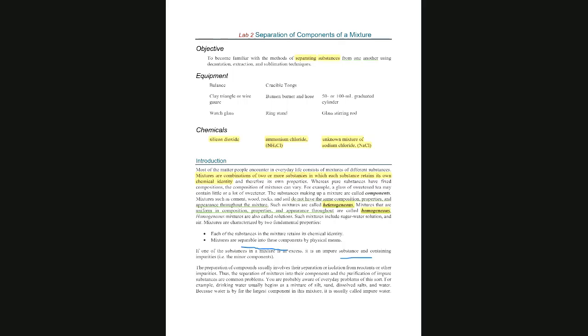You've seen in the previous experiment what a chemical identity is. When you add salt to a cup of water, the salt dissolves in water, but you still have salt. It does not change its chemical identity. We have salt and water as we had in the beginning.